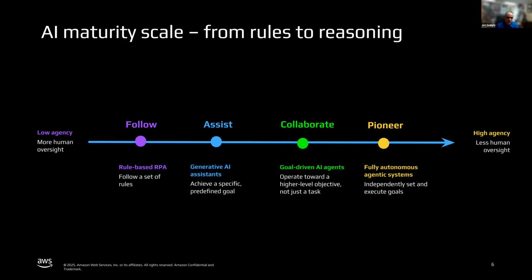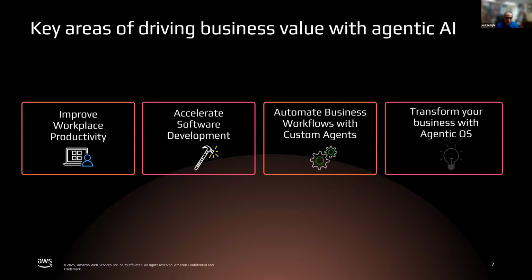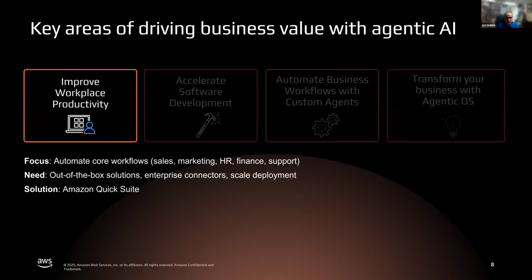So if you're looking at where this can potentially apply, at AWS we see 4 key areas where agents are able to provide tangible value, and that's the key for us to be able to see a return on investment, where there is benefit realized in different use cases.